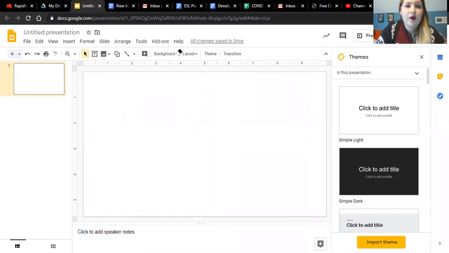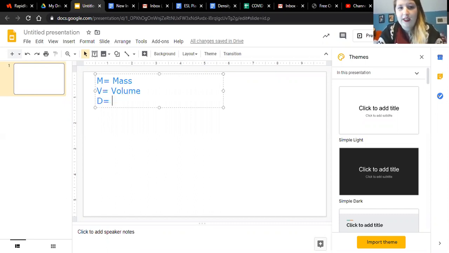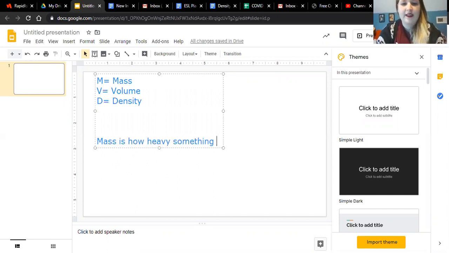Okay, so what do these things mean? Let's pull out our text tool. So M equals mass, and V equals volume, and D equals density. These things are important to know. So mass is how heavy something is.